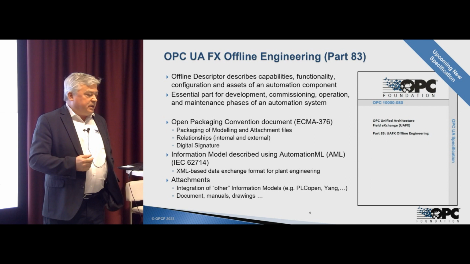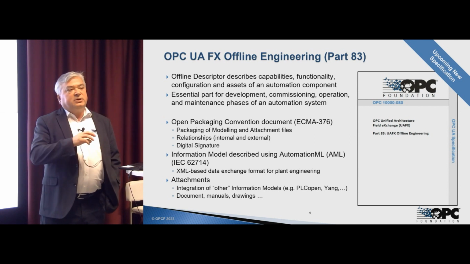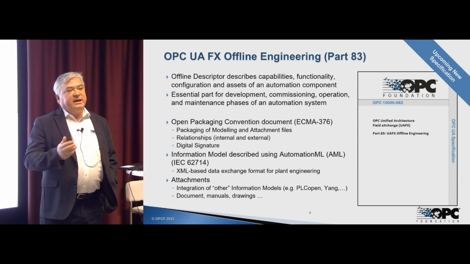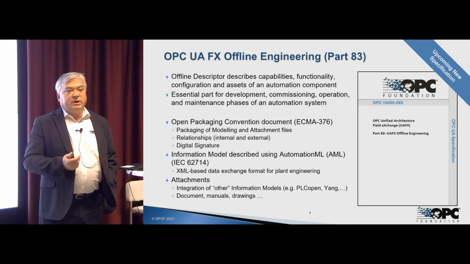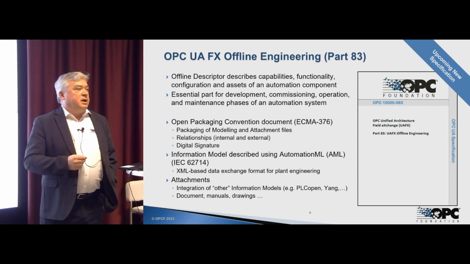And certainly, this concept also allows us to integrate other types of files that we, for example, need for network configuration, the YANG models. We can also link to certificates that are needed to provide security. So this is a very flexible and powerful concept.